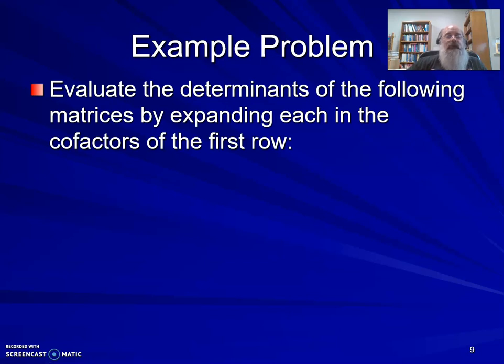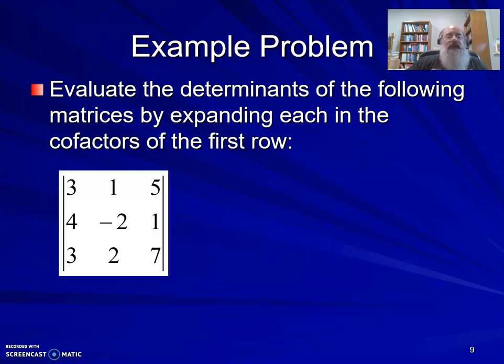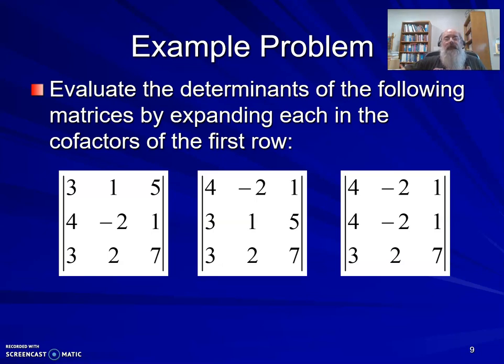I want you to try to work this out on your own. Here's 3 possible, you can pause the video and write these matrices down, 3 numerical matrices to work out the determinant for. And the rules for larger than 2 by 2 matrices are fairly simple.